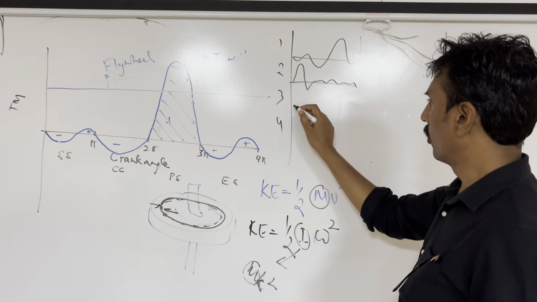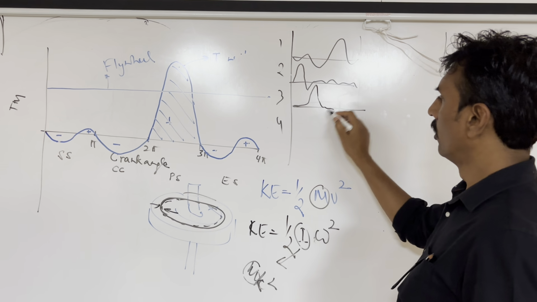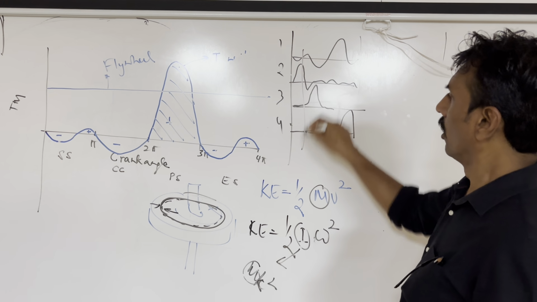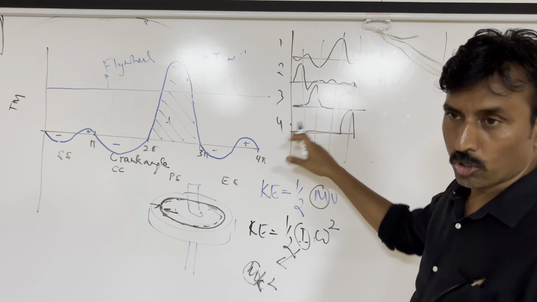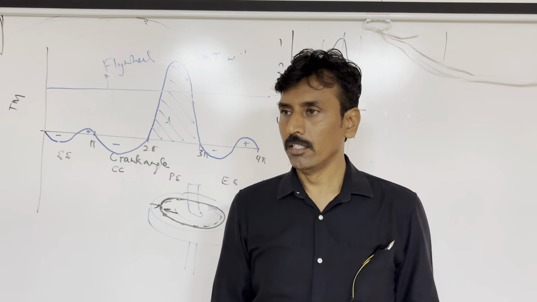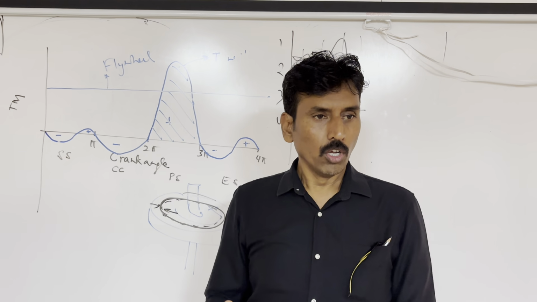Maybe the 3rd cylinder will have its power stroke somewhere here, and the 4th cylinder somewhere here. So at each time you will have one or the other power stroke. That means the engine keeps cranking the crankshaft continuously, so there is not much variation.